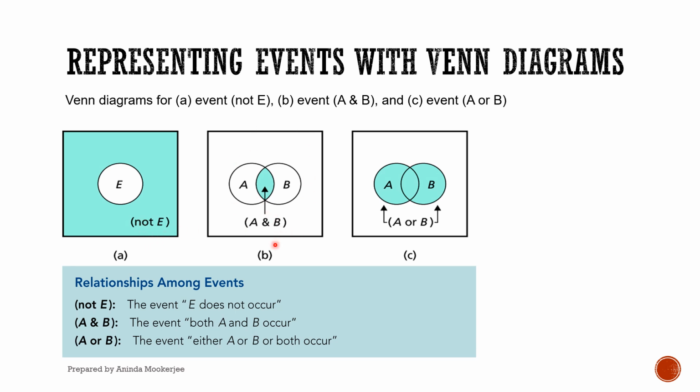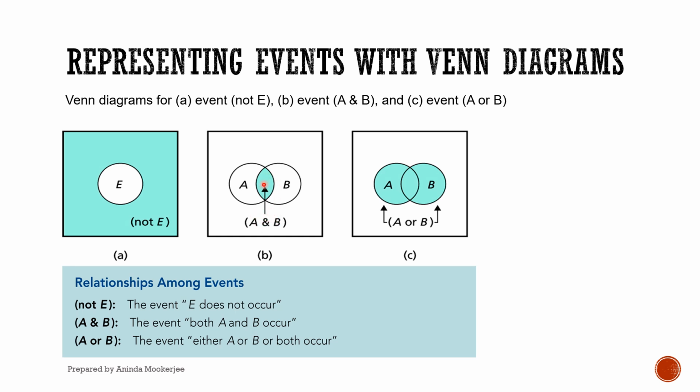In the second box here in figure B, it's a situation of A and B. All right, so we have an event A and we have an event B. The intersection, that means the common elements of A and that of B, represents A and B. That means both events occur together.